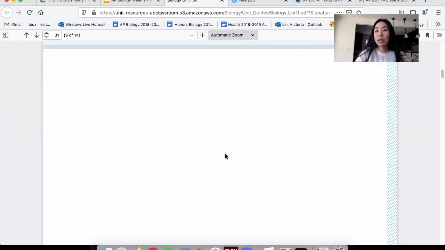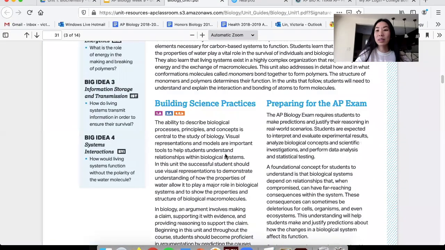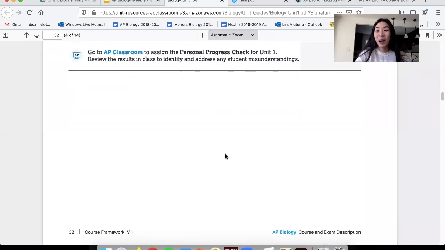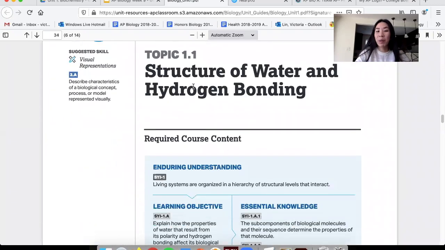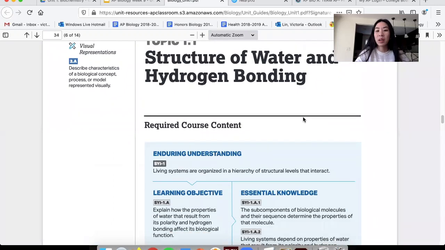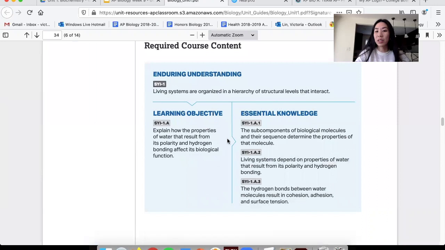It looks really intimidating, but it just summarizes everything that you need to know. So this could be another option for you. They break it down by topic. The first topic is structure of water and hydrogen bonding. The part that you need to look at is the essential knowledge. This blue section is what you need to know. That could be helpful. I didn't realize I skipped a slide.